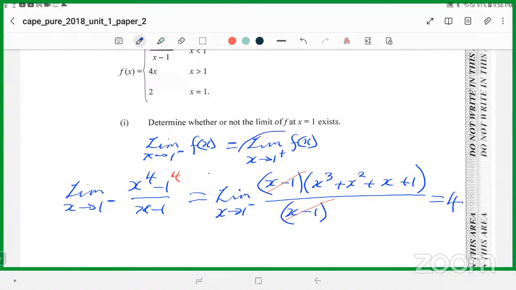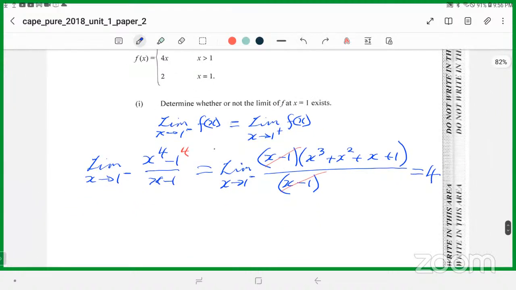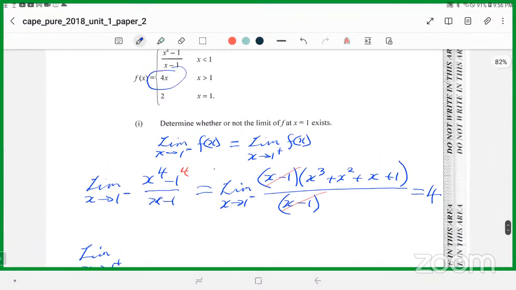I'm going to test the limit from the right now. The limit as x approaches 1 from the right. When you're on the right, it means that you're now on this function. You're coming from a value that is greater than 1. So you're taking the limit of 4x.